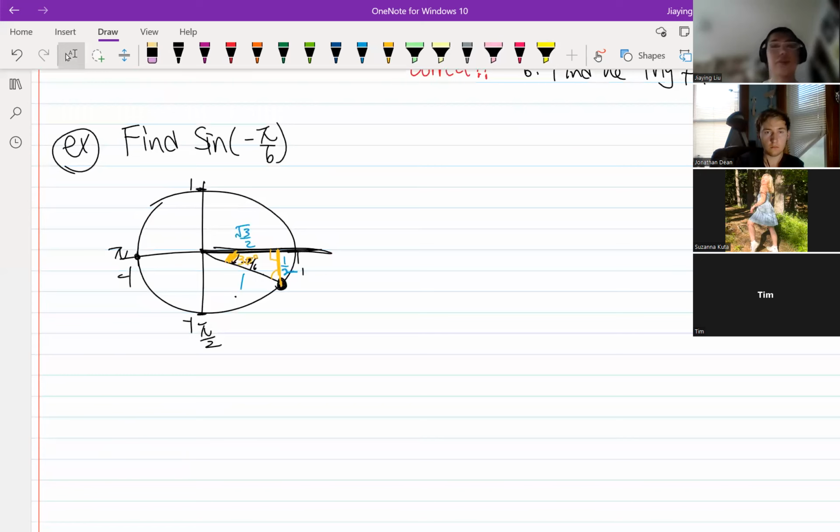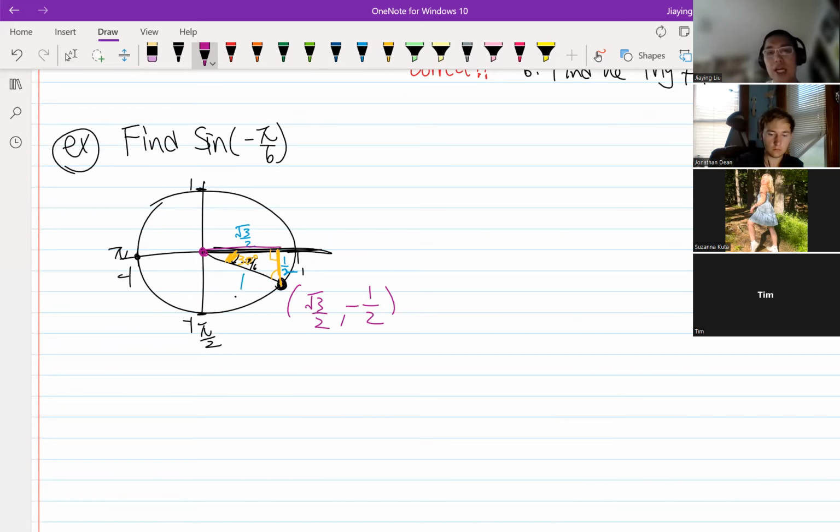With those values, I can immediately write down the xy coordinates for this angle. Starting from the origin, I move root 3 over 2 in the positive x-axis direction, so that's positive. Then I move down 1/2, in the negative y-axis direction, so that's negative.